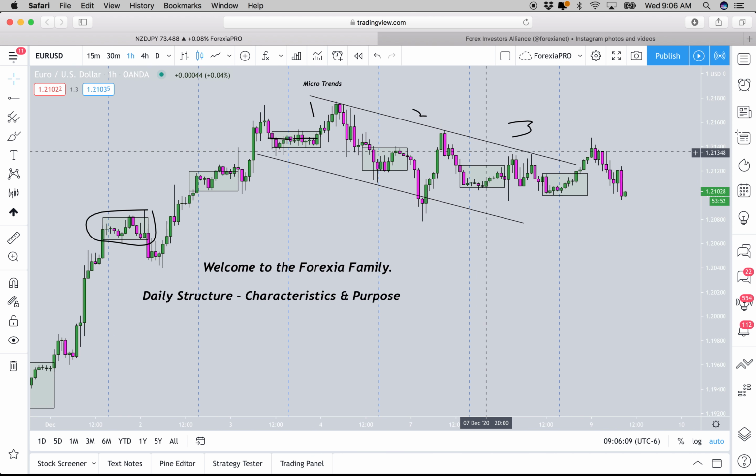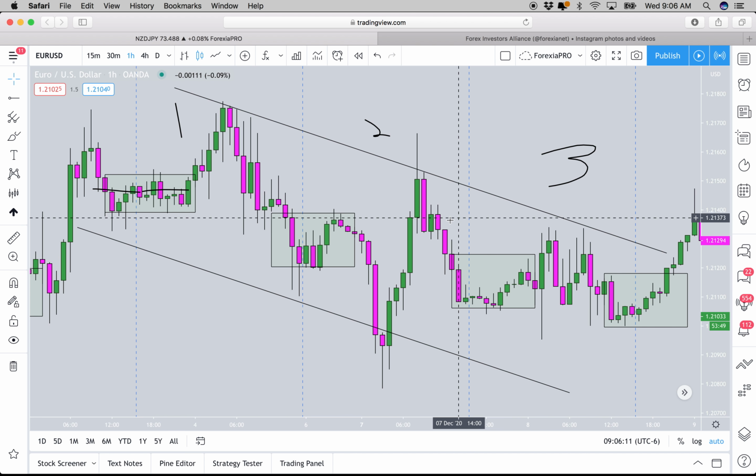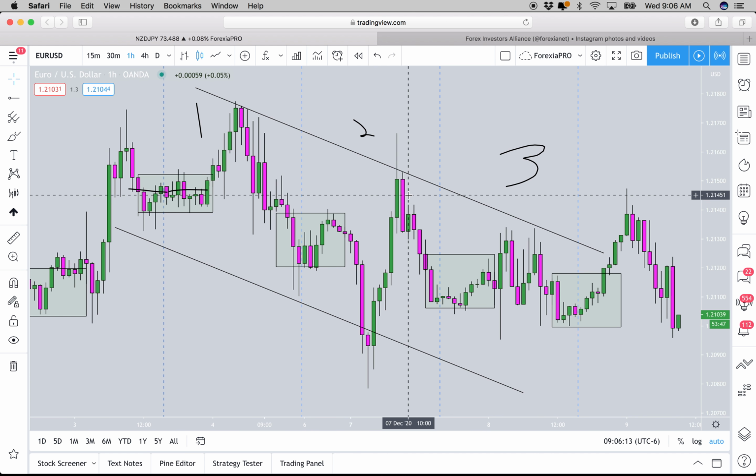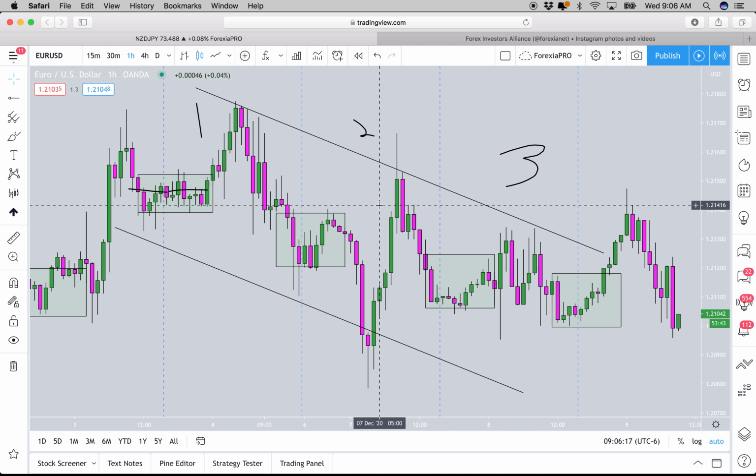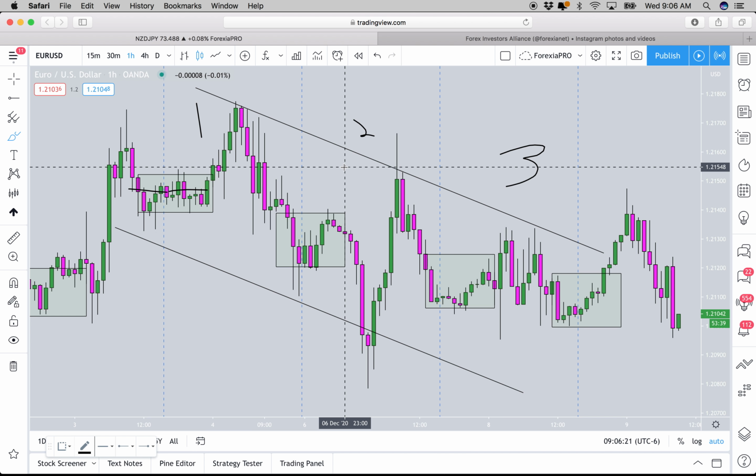Why is that? It's because they're waking up after New York session. They see the New York session moves and think the move is going to catalyst into Asian session and keep moving, when in reality Asian session sets into consolidation.